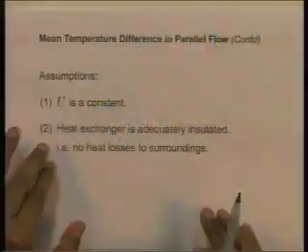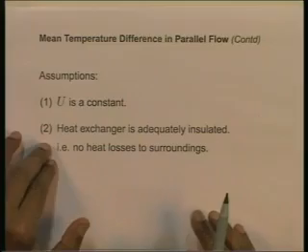So, heat exchangers are adequately insulated, so that the heat losses to the surroundings are negligible. Let us make the two assumptions: U is a constant and heat losses are negligible. Therefore, enthalpy change of the hot fluid will be equal to enthalpy change of the cold fluid. Now, let us continue with our derivation.